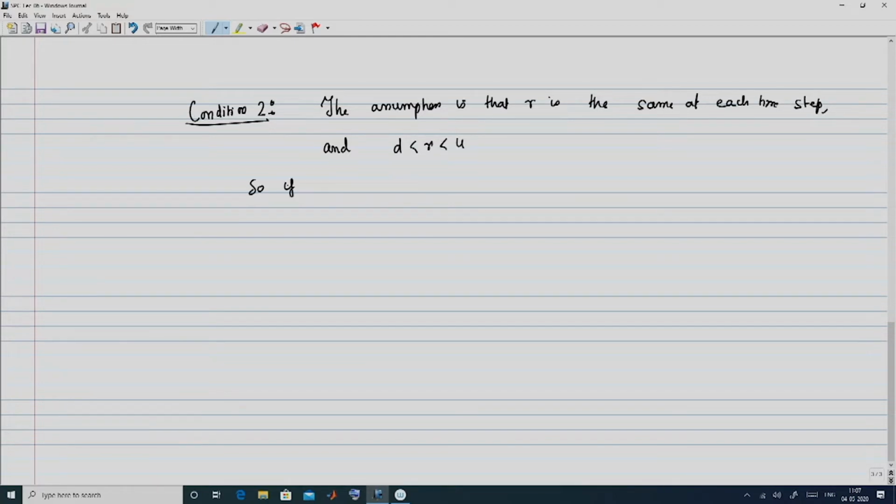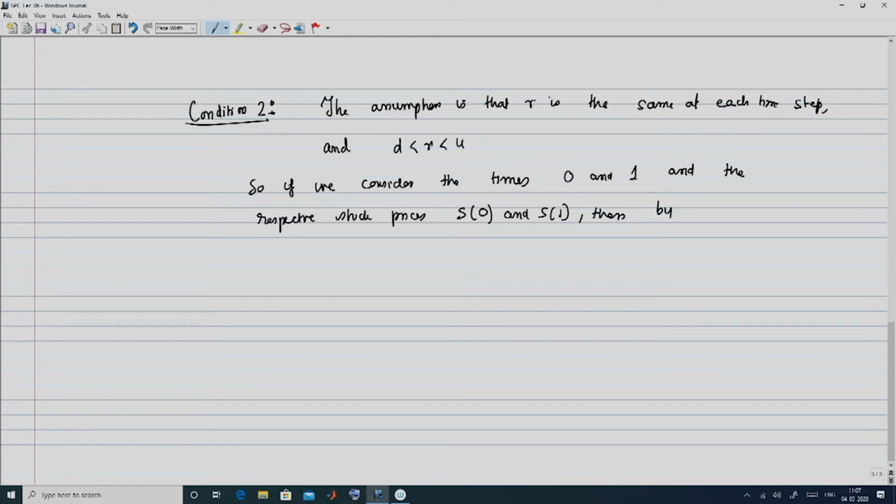So, if we consider the times say 0 and 1 and the respective stock prices S0 and S1, then by definition what will we get?